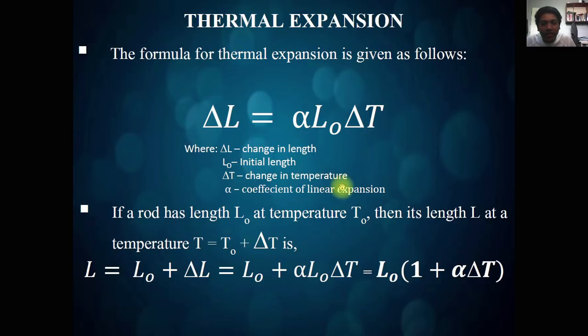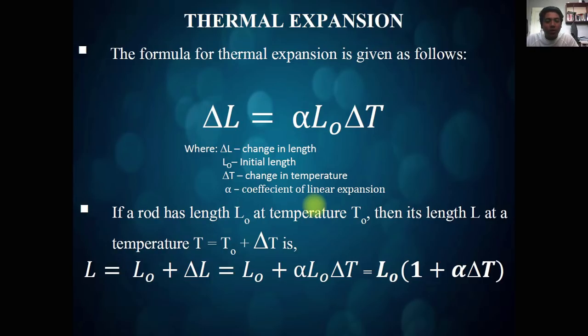Delta T is the change in temperature. In other words, we can replace this with the final temperature minus the initial temperature. And alpha is the coefficient of linear expansion, which is different for every material. This is the constant that we have in our thermal expansion equation.